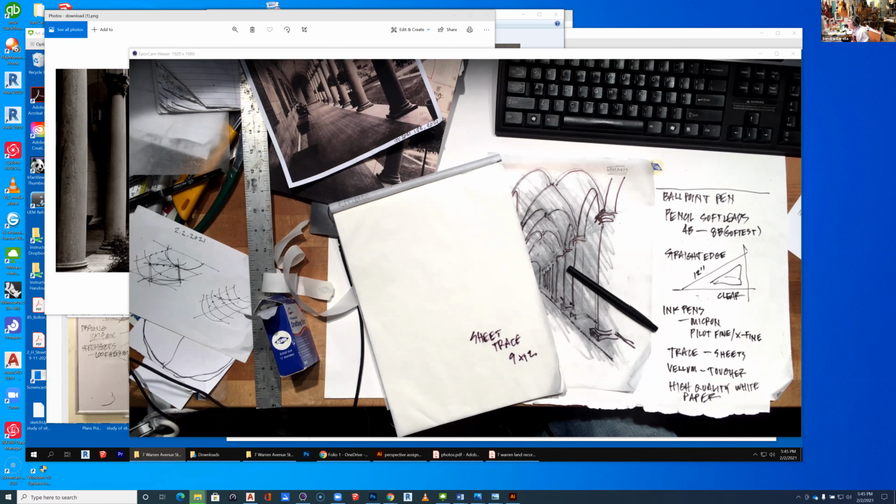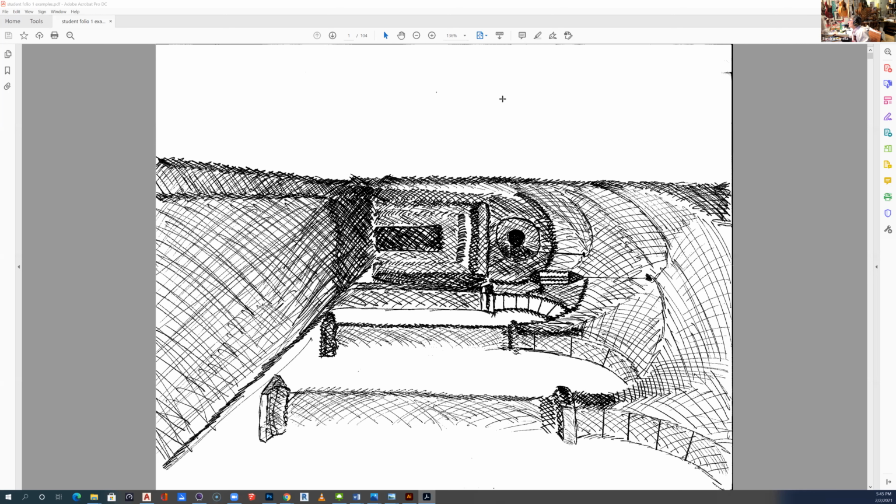But that's what we got now. Okay. So some of these pages are not oriented. Can I rotate the page?